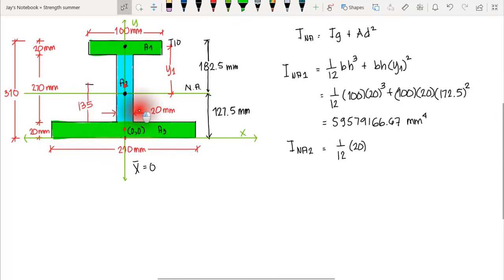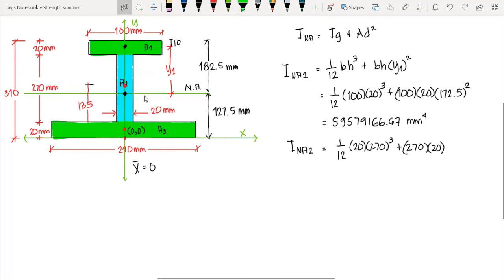The height is equal to 270 cubed, plus the area of that rectangle, that is 270 times 20. Okay, and d here, that is the distance from the centroid of this area 2 to the neutral axis.